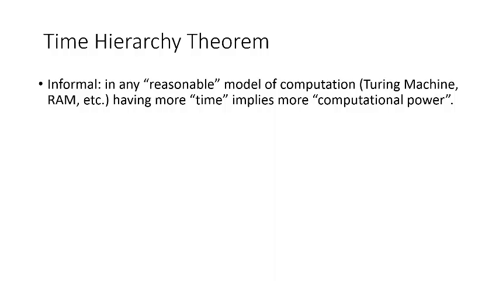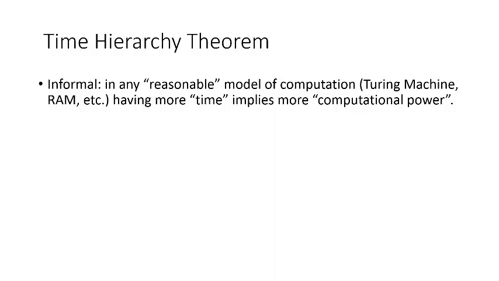So the time hierarchy theorem, the informal version of it, I already told you. The theorem says basically that in any reasonable model of computation. Here we focus on Turing machines, but you can prove it for the RAM model. After you see the proof, when someone defines a model for you, you can come up with your own proof using the same technique, that in that model of computation the time hierarchy theorem holds.